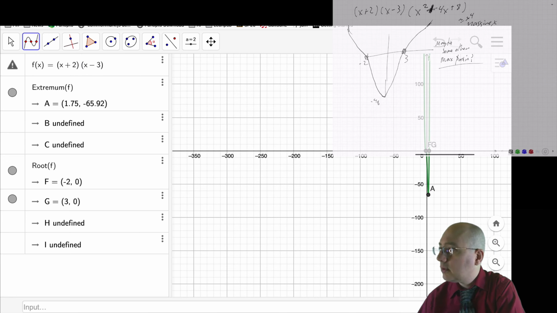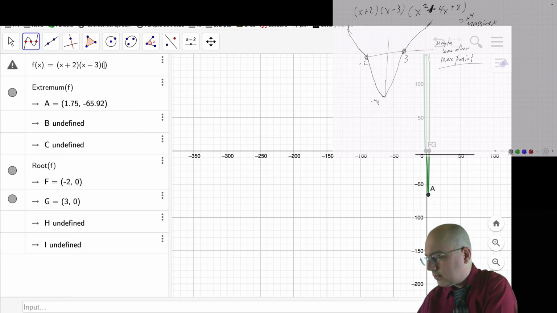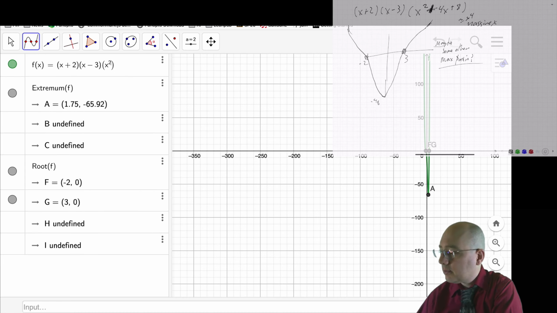Why is it yelling at me? Okay, now it's happy. Gotta keep the machines happy. Plus 4x plus 8.